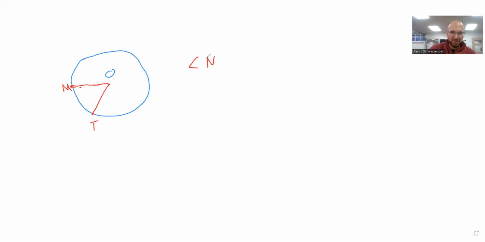Angle MOT equals that measure, so little m angle MOT is equal to the measure of my arc, little m capital MT. The arc goes from M to T. Okay, so if this angle here, pretend it's 60 degrees, this arc is 60 degrees.